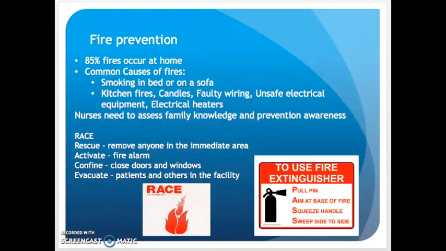So you want to make sure your health facilities have smoke compartments to prevent the spread of smoke and fire. And you need to know your facility's evacuation plan and the code phrase for fire. It might be Code Red or Mr. Red. You want to know the location of the fire alarms and fire extinguishers, how to shut off the oxygen and other equipment, and how and when to fight a small fire.